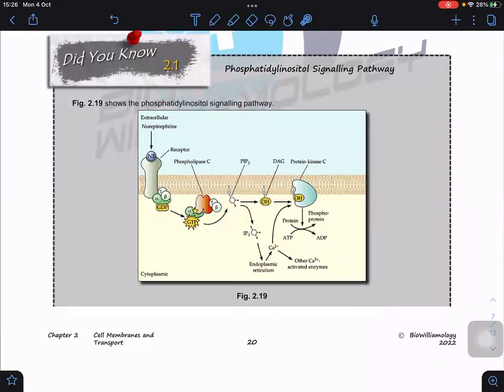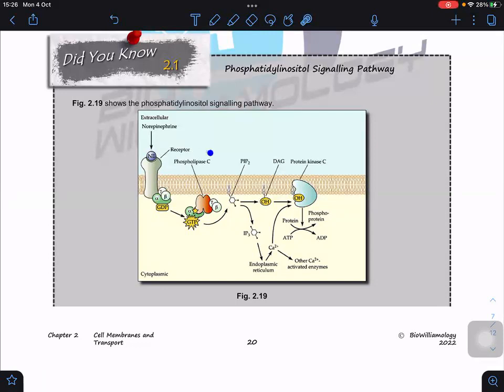In this process, again, we must have the receptor, also the G protein. Can you see that? The alpha binds to the GDP. So the epinephrine or adrenaline binds to the receptor and activates the G protein as usual. Okay, so the G protein now, instead of adenylyl cyclase, what will happen here is, can you see that?